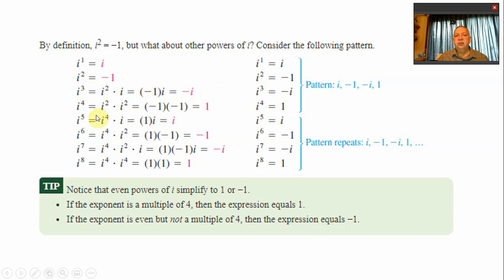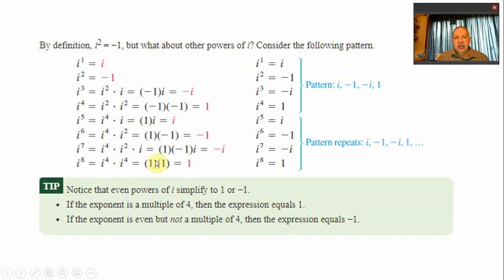i to the fifth, we're going to see now that we repeat. i to the fifth is just i to the fourth times i. Every time I say i to the fourth, that's just 1. Now I've got the i, so that's just 1i, i squared is negative 1, i cubed is negative i, and then i to the fourth is just 1.